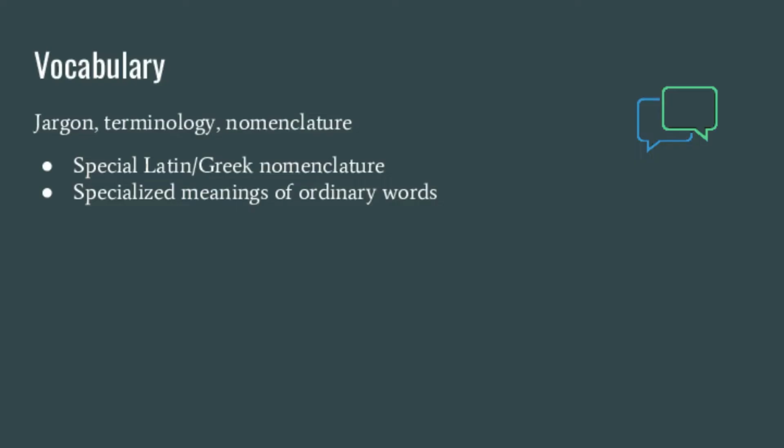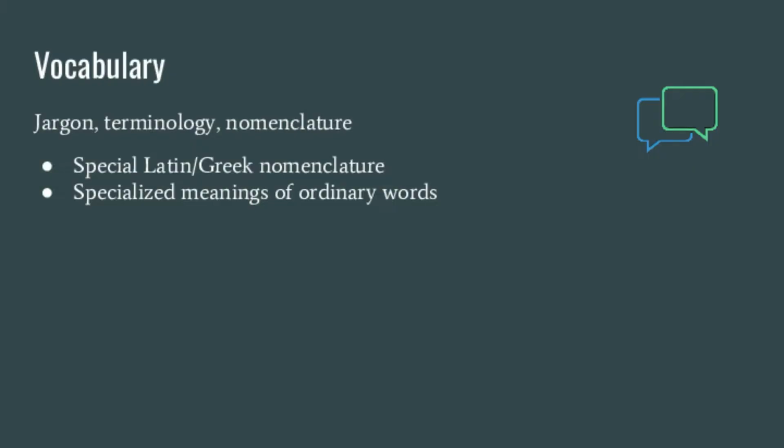So we talked last time about one aspect of what is distinctive to the writing in the different academic fields. And one of those things is vocabulary. And we speak of the jargon, or a more formal term for jargon is terminology, the vocabulary that's unique to a particular field or occupation or profession.